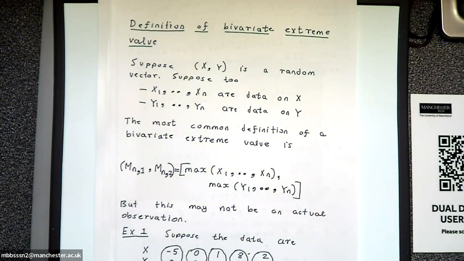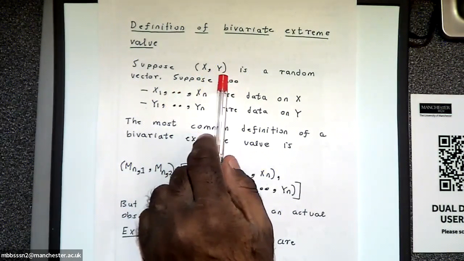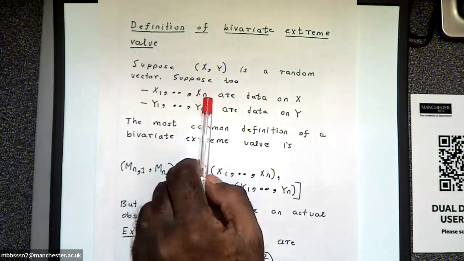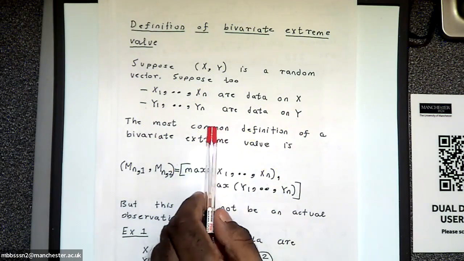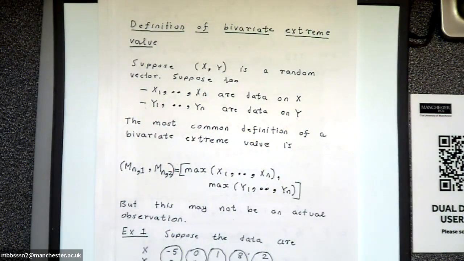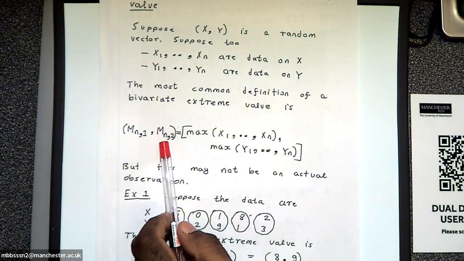Suppose you have two variables, X and Y. And suppose these are the data on X, these are the data on Y. There's no obvious definition for a bivariate extreme value, but the most common definition is this one here, right? It's a vector containing two numbers.